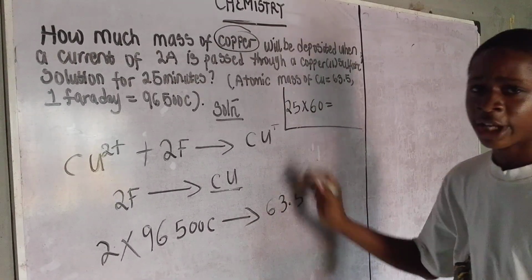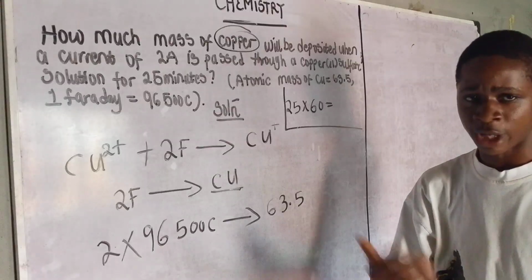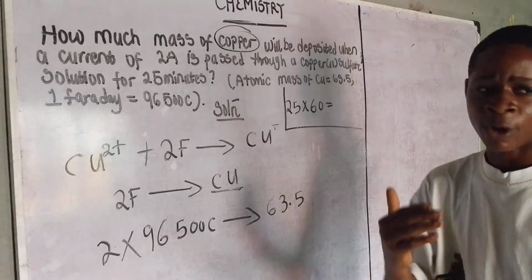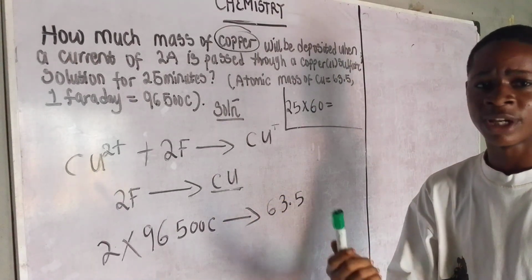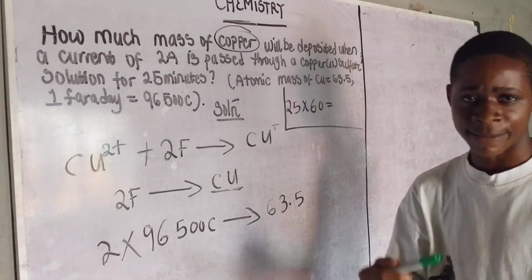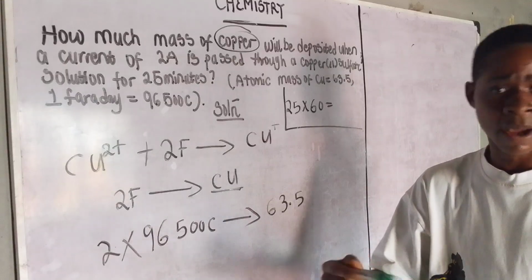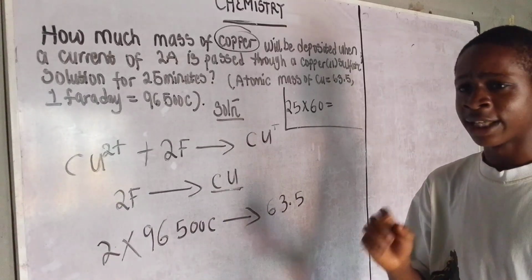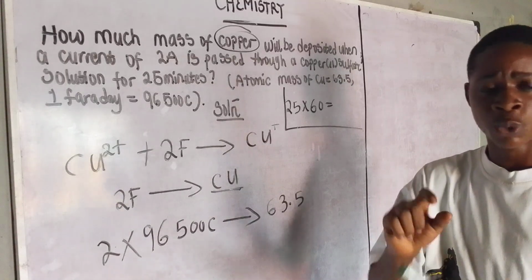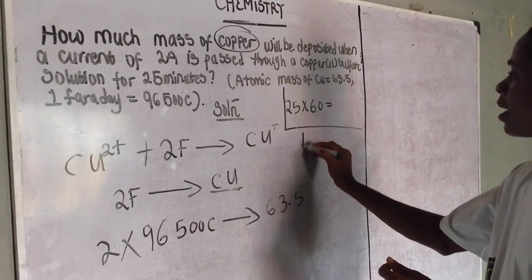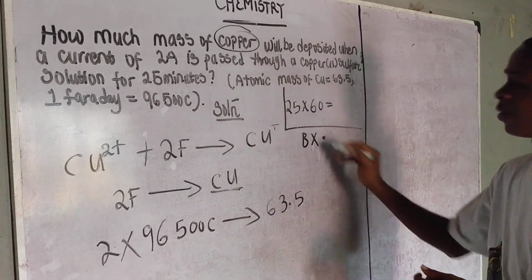Before I proceed, let me show you something very simple that could help. Whenever you have a conversion, you have a higher unit and a lower unit, like kilograms and grams. Kilogram is higher, grams is lower. We also have minutes and seconds. Minute is higher, second is lower. Anytime you're converting from a bigger to a smaller, you just say bigger times whatever is the point of reference.